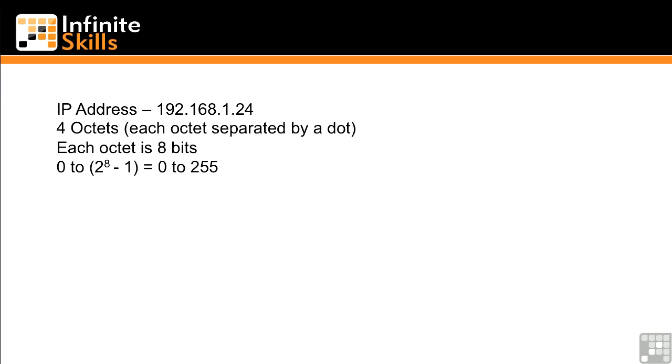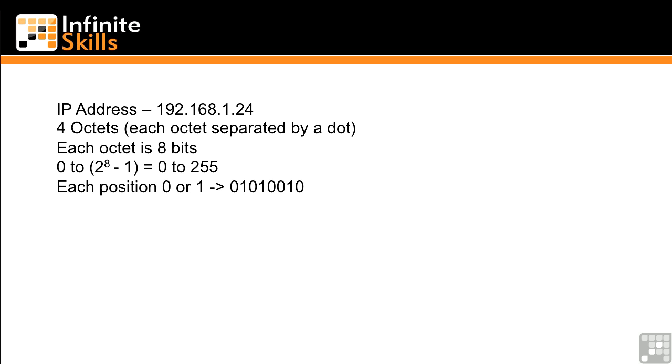So the 192 place, the first octet that you see, that number can be a value from 0 to 255, because that's what you can represent with 8 bits. Since 2 to the 8 is 256, and we have to start from 0, the case where there are all zeros in the 8 bits, you can get values from 0 to 255 in each position, and that gives us 256 values.